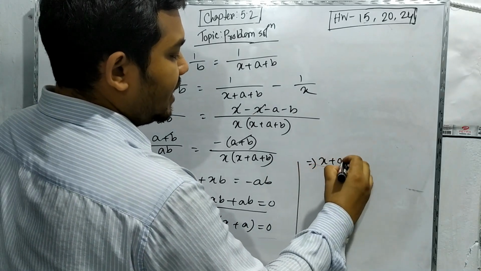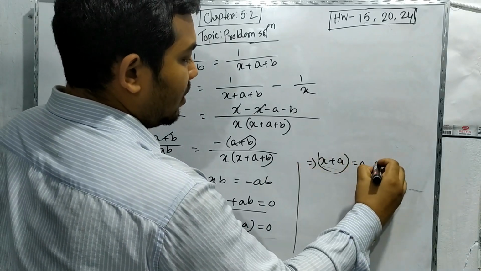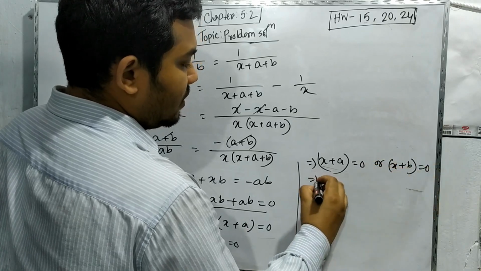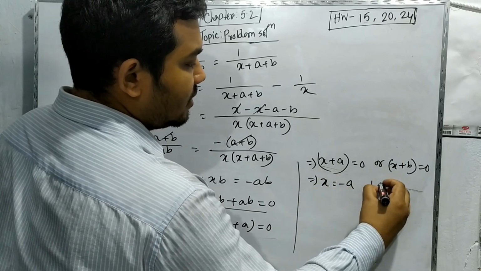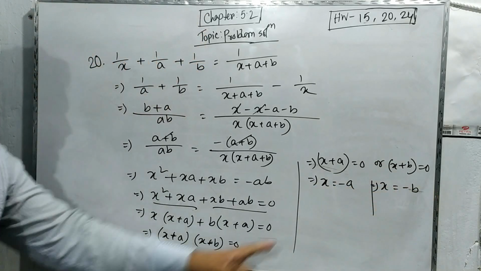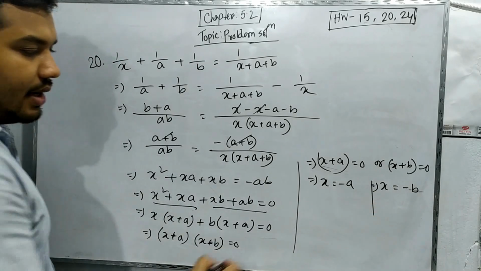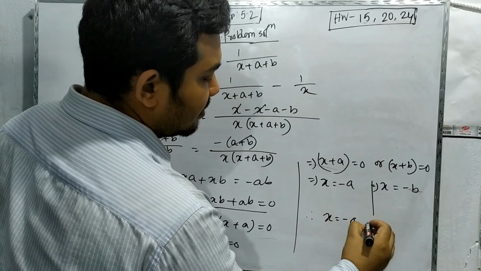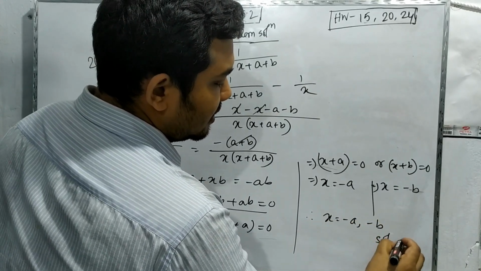So x plus a equals 0 or x plus b equals 0. So x equals minus a, x equals minus b. Here our solution will be x equals minus a and minus b. This is our required solution.